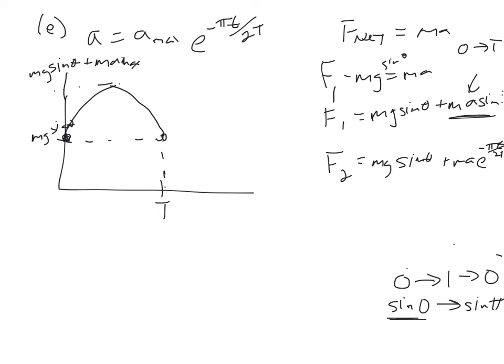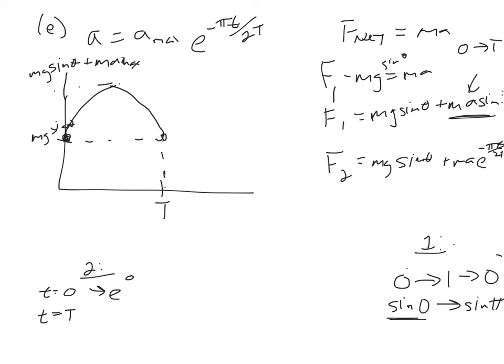Alright, now this was for scenario 1. Now for scenario 2, again we're going from t equals 0 to t equals big T. When little t equals 0, that means we have e to the 0, which I want to say is equal to 1.